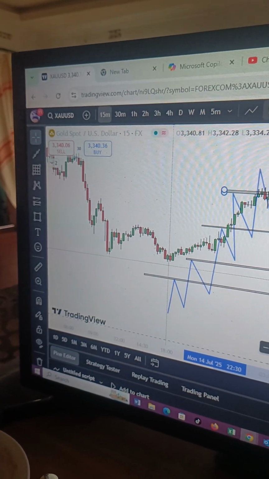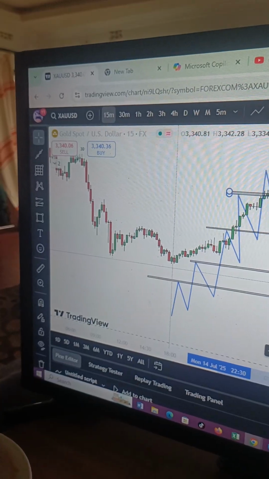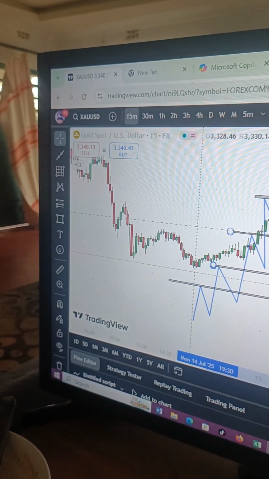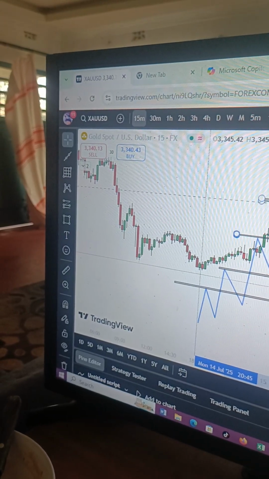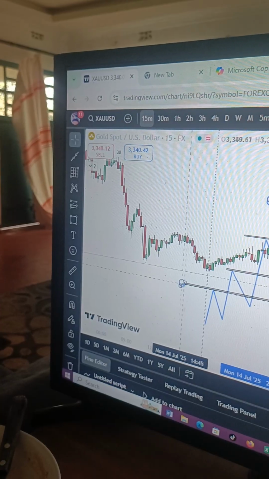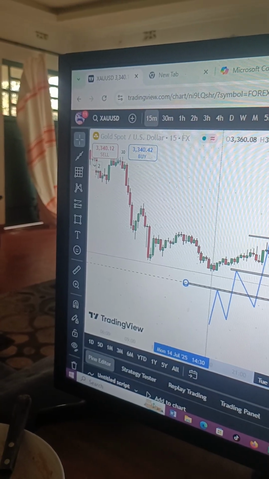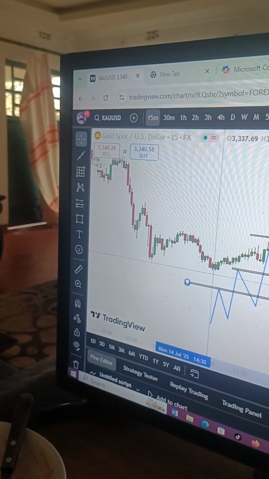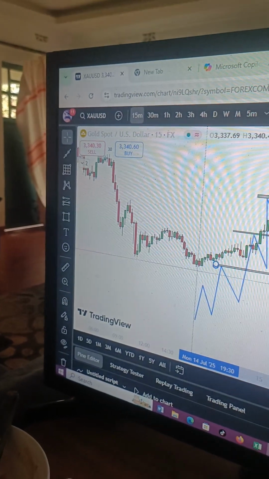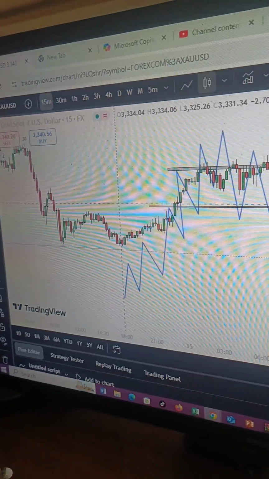So that's how support and resistance traders trade. Let me delete these ones.